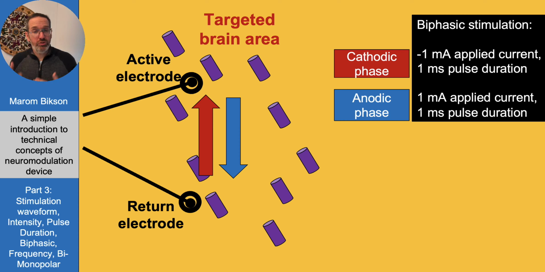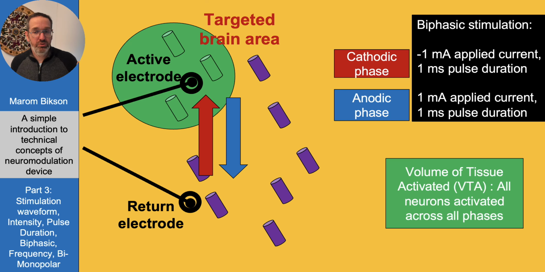And so now we have a more realistic description of a stimulation process where we talk about both intensity and duration, and we are careful to define the intensity, and therefore the phases, relative to one electrode. And it turns out that whether you go cathodic phase first or anodic phase first may make a big difference. So I'm trying to show you here, and again, this is a cartoon only, it's possible that we have a volume of tissue activated at the top.